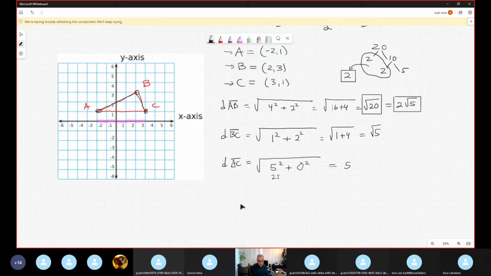The next question says, verify whether the triangle is a right triangle or not. So you need to verify if it's a right triangle or not. A right triangle looks like that. This corner is 90 degrees, and this is A or C, sorry.